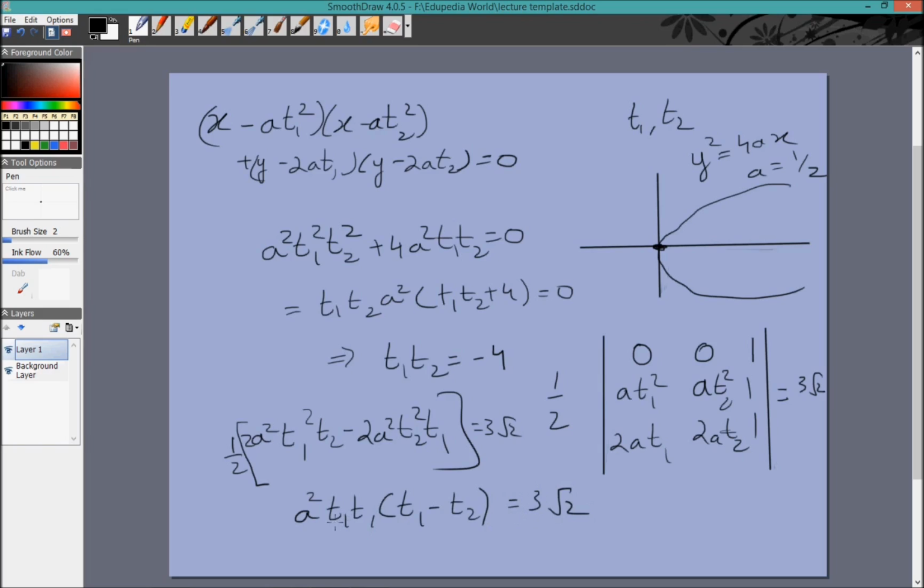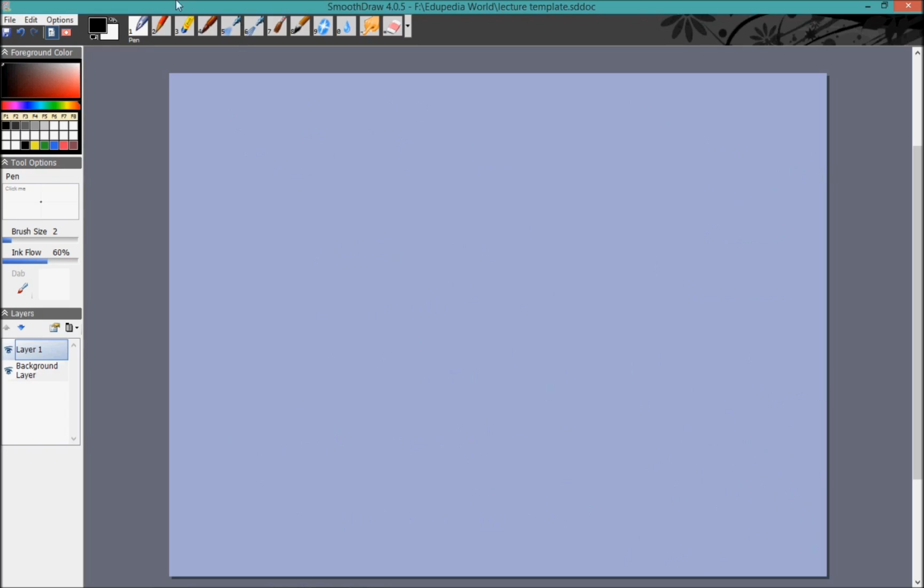t1 t2 is equal to minus 4 and a square is equal to 1 by 4. So this gives me t1 minus t2, or t2 minus t1, it doesn't really matter actually, is equal to 3 root 2. And we already know t1 t2 is equal to minus 4. Using these two we can calculate the values of t1 and t2.